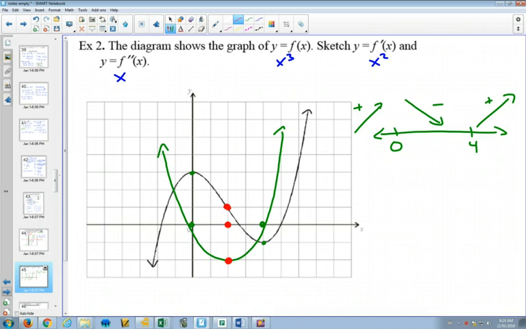So we have our inflection point on our original graph matching up with our minimum on our first derivative graph, which will match up with an x-intercept of our second derivative.